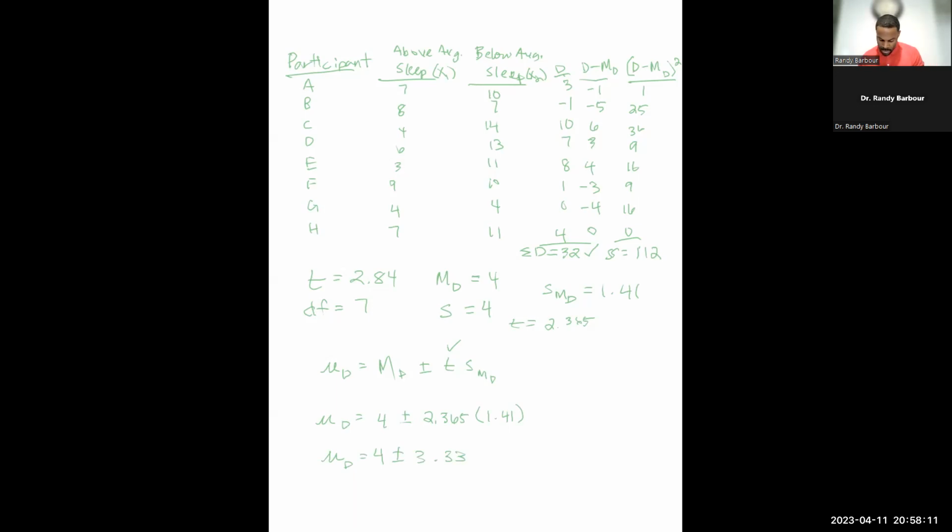Okay, so then we'll just add and subtract, right? So you're going to get a 95% confidence interval that's going to be from 0.67 to 7.33. I'm 95% confident that my population mean difference is going to fit somewhere between 0.67 and 7.33.